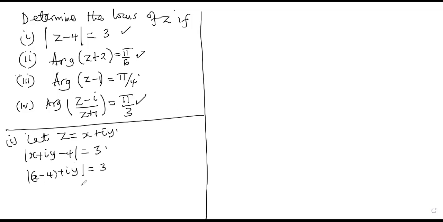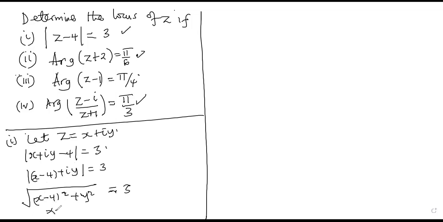To get the magnitude, we take the square root of the sum of the squares of the real part and the imaginary part, is equal to 3. Now to remove the square root, of course, we shall square both sides.